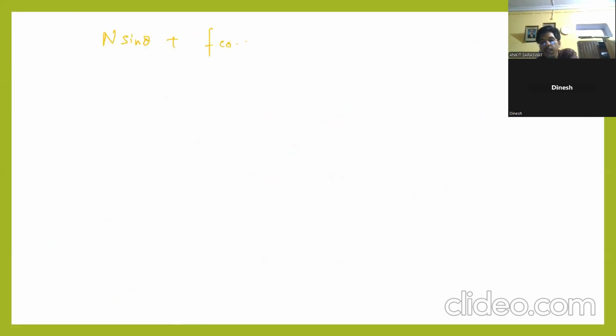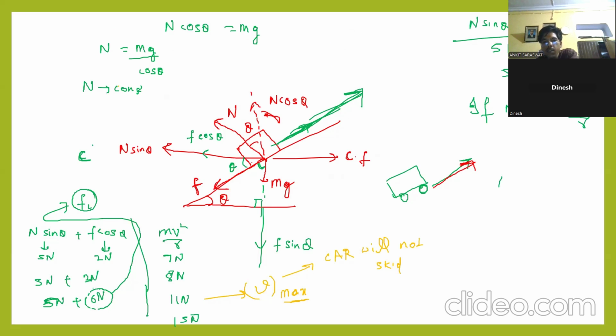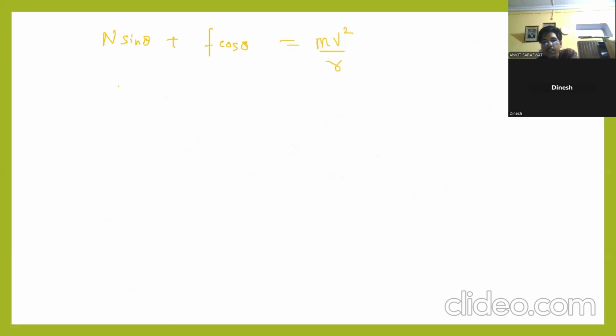That is our case. It will be equal to what? Centrifugal force, mv square by r. And if you look at vertical, N cos theta will balance mg plus F sine theta. Mg plus F sine theta. Clear?